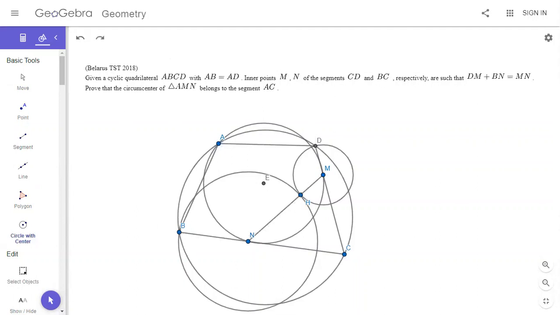Is that obvious? Well, I feel like I might be missing something obvious here.